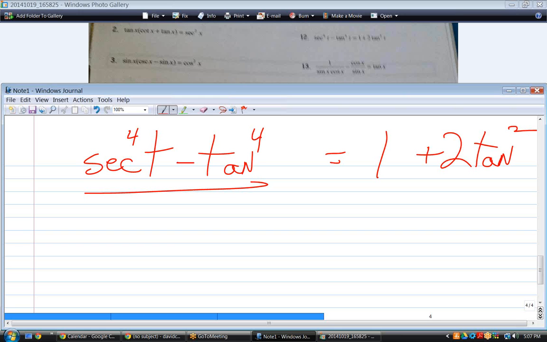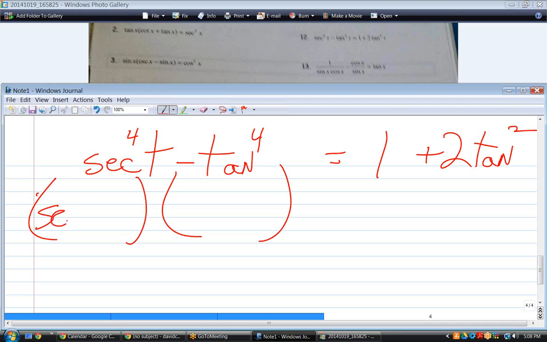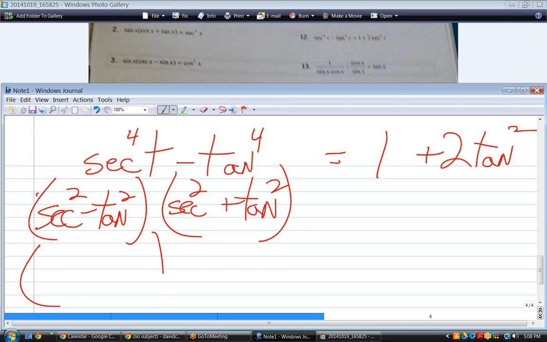In other words, if we're working with squares, then we have 3 different Pythagorean identities we can access. So you have to be able to break that into what? It'll be secant squared minus tangent squared, and then secant squared plus tangent squared. And again, each secant squared can be replaced by what? 1 plus tangent squared.